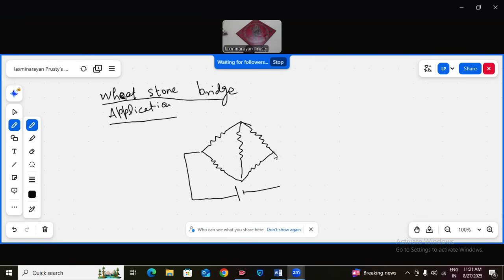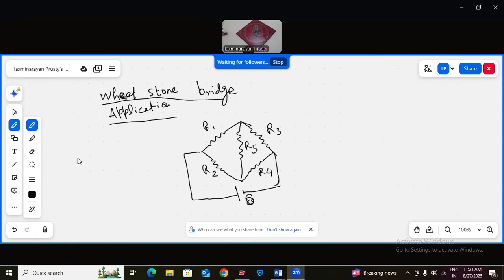This is the EMF source, and this is R1, some resistor, R2, R3, R4, R5. This is a Wheatstone bridge, and in general, current flows in all the 5 resistor branches.